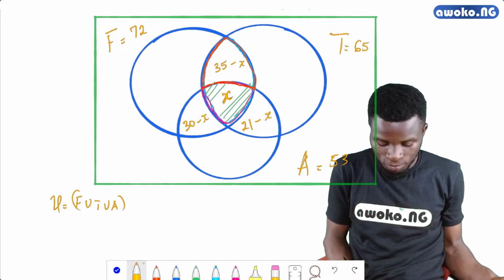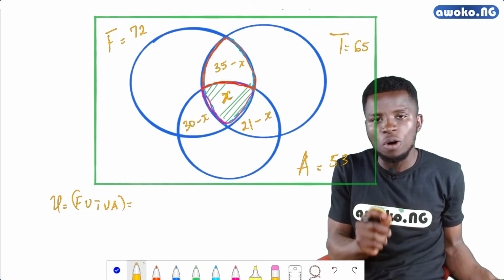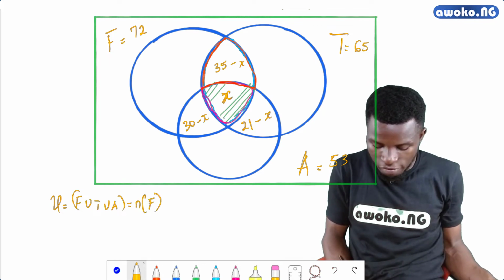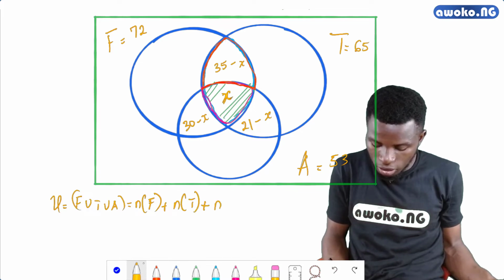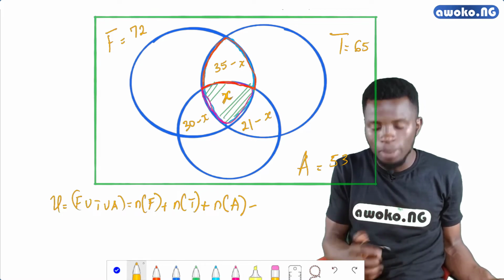Is that okay? So, which is equal to the addition of each of the banks. We have the number of First plus the number of Trust plus the number of Access. Then minus the intersection of any of these two banks.